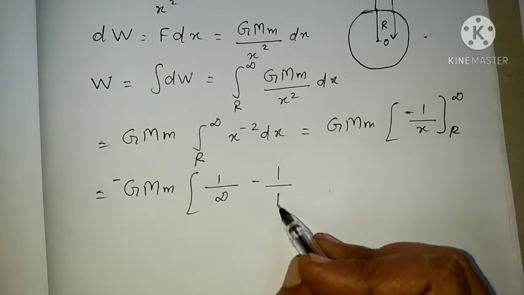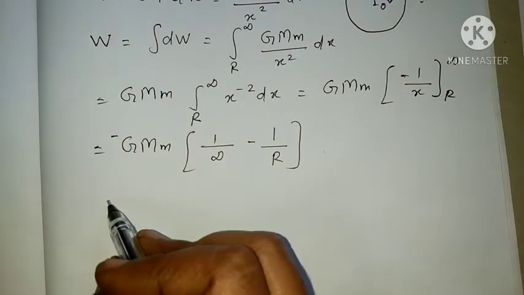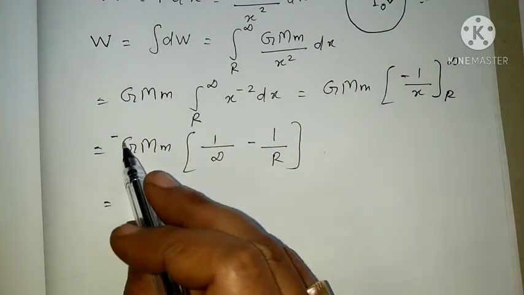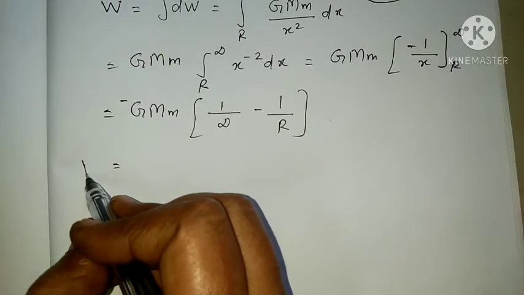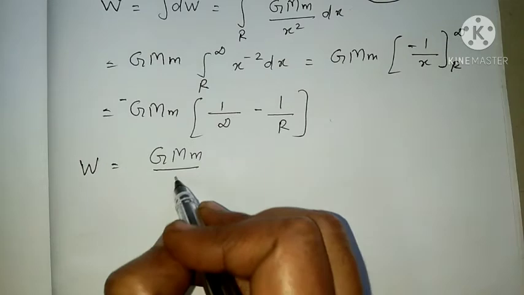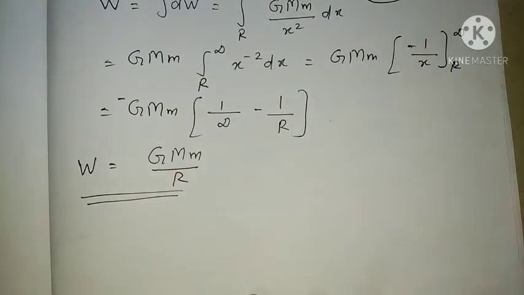Minus GMm into 1 by infinity, that is 0, so minus into minus gives plus. So we can write W equals GMm divided by R. So this is the work done in bringing the body from the surface of the earth to infinity.